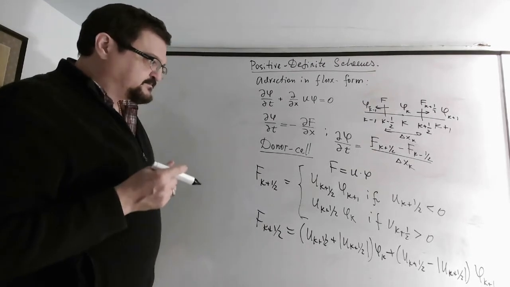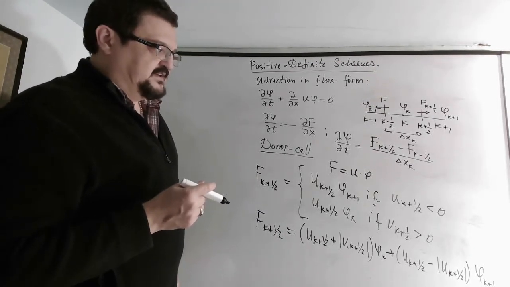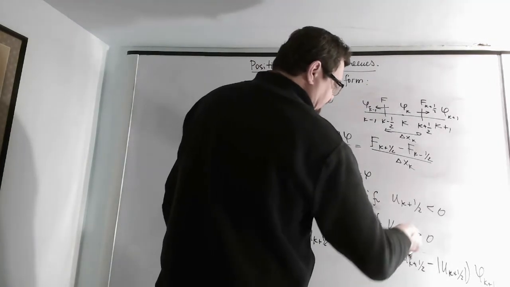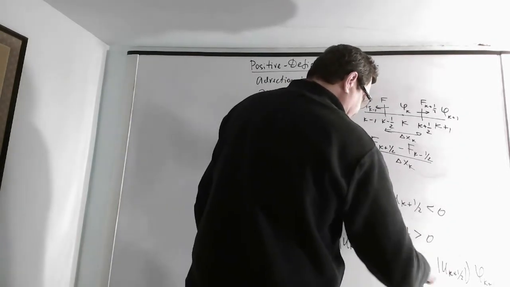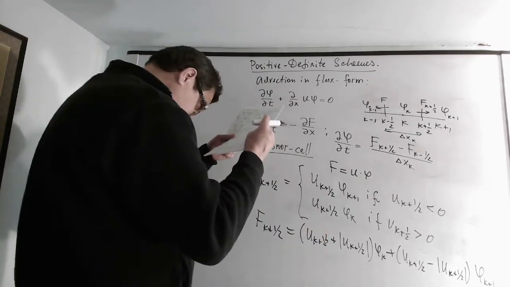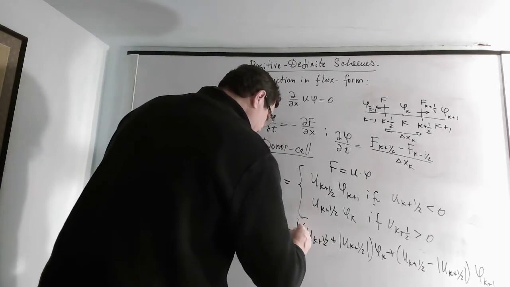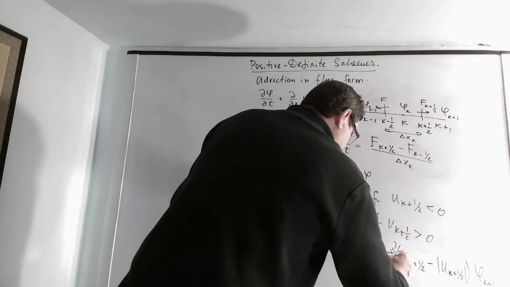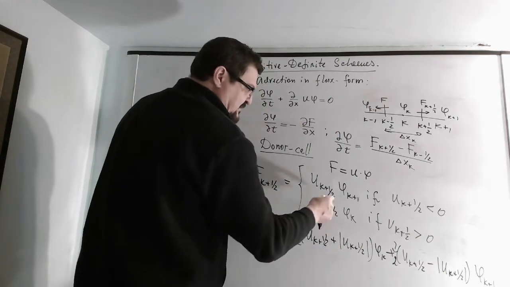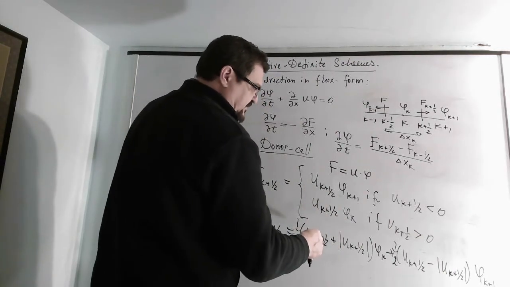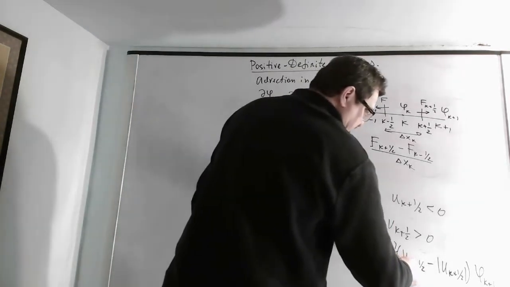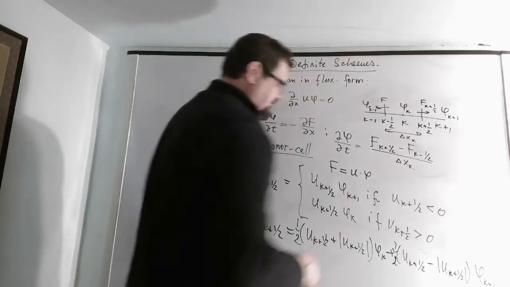Of course, there should be 1/2 here. You can easily see that when u at k plus 1/2 is greater than 0, the second term will cancel, and it will automatically compute this expression. If velocity is negative, then the first term will drop out, and it will be equal to the other.